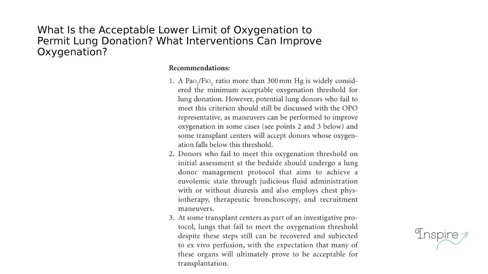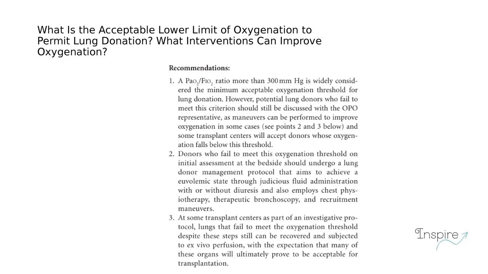Donors who fail to meet this oxygenation threshold may have other things happen, like they may change their fluid administration. They may diurese more, and this would be basically for oxygenation requirements, and maybe even things that are found on chest X-rays.